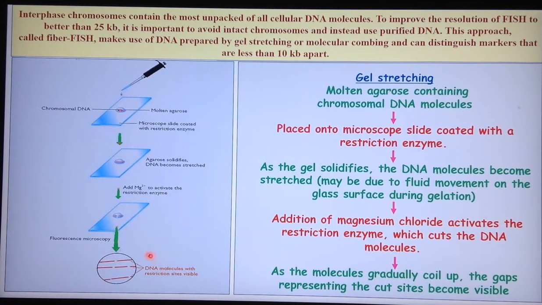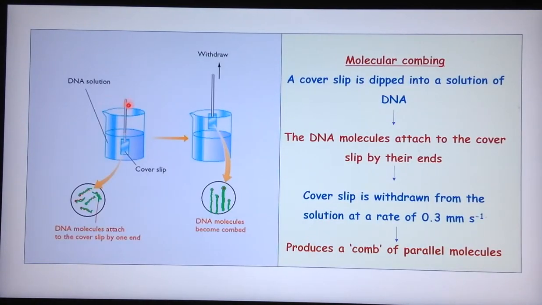So this can be seen on the slide, and then it can be used for fluorescence in situ hybridization. In molecular combing, a cover slip is dipped in the DNA solution, and these molecules attach to the cover slip by one end, and then slowly the cover slip is withdrawn, giving comb-like DNA. So these are parallel DNA molecules which are more stretched.